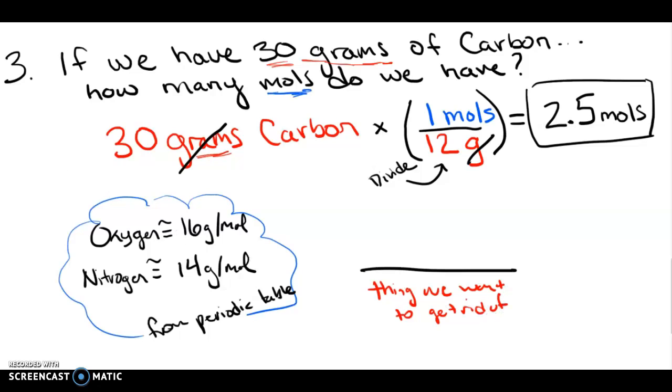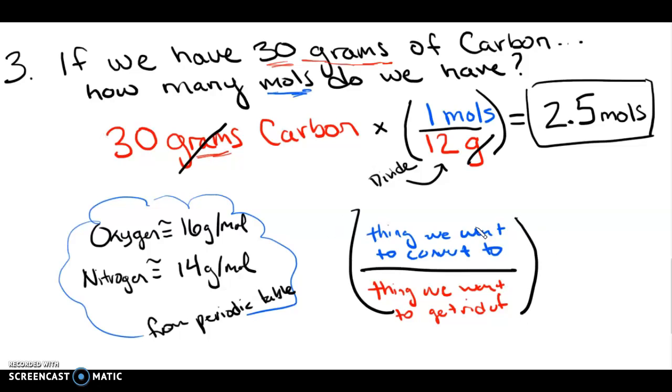And the thing that we actually want, the thing we want to convert to, goes in the top. So if we want grams, grams goes in the top, we put moles on the bottom. If we want moles, we put moles on the top, grams goes in the bottom, okay?